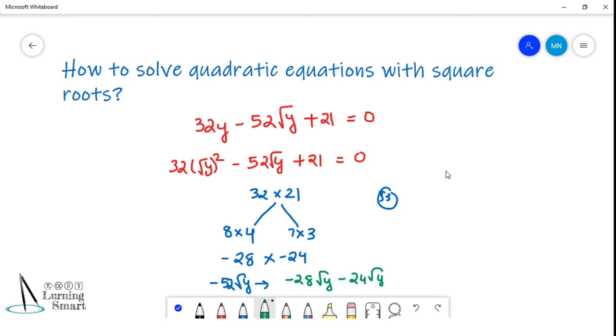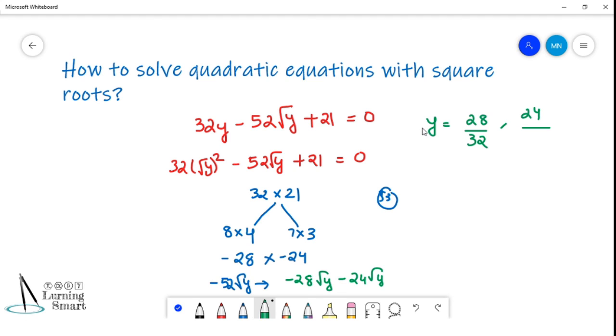So what would be the solution? Solution would be y equal to minus 28 becomes plus 28, minus 24 becomes plus 24, divided by what? 32. You have to divide the factors by the coefficient of root y.